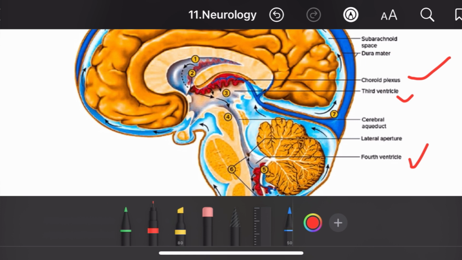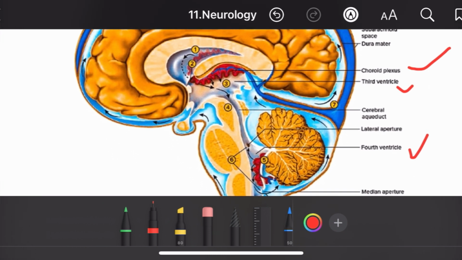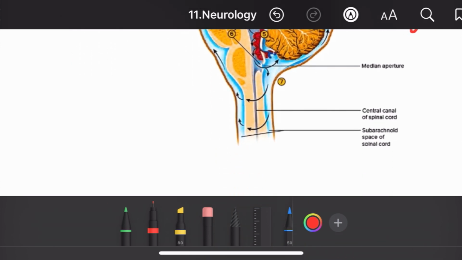In all those cases, once the CSF is formed, it circulates in such a fashion that it is formed inside the brain, and it reaches and bathes the complete brain outside, under the layers of the meninges, and it also communicates throughout the spinal cord. So this is the spinal cord area.